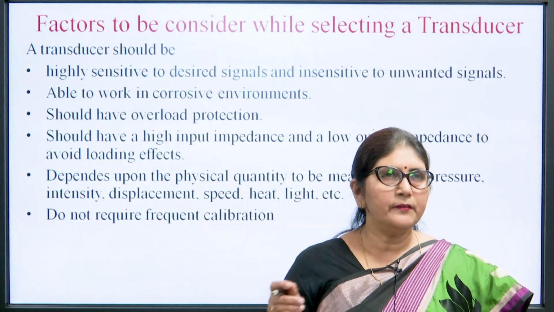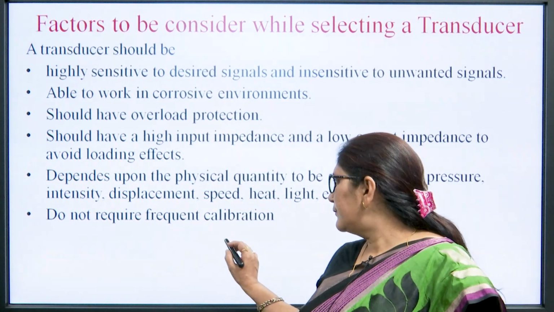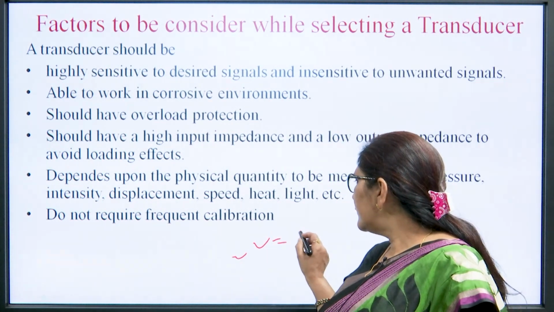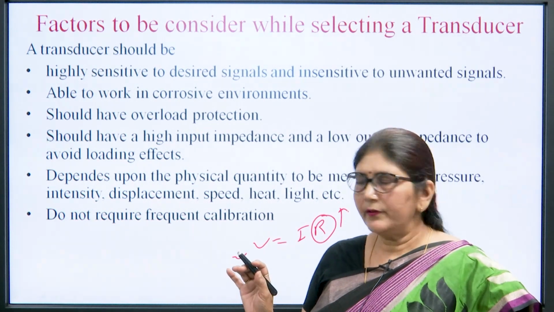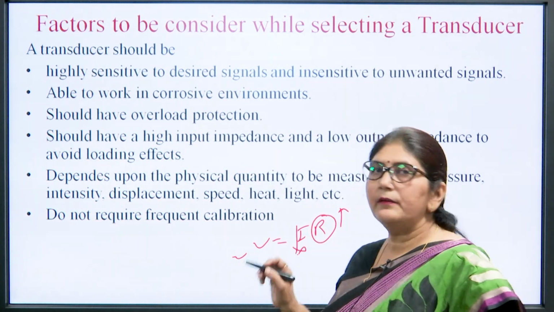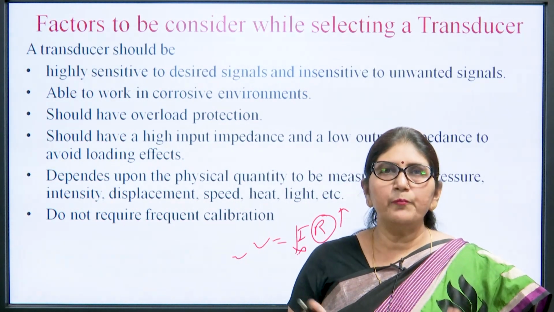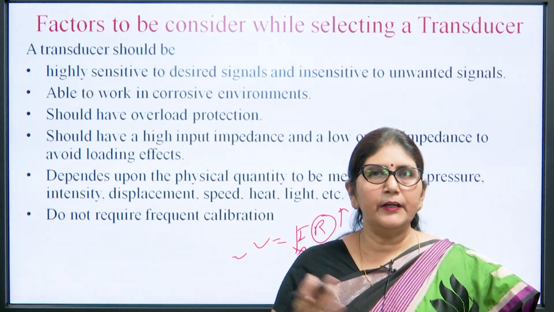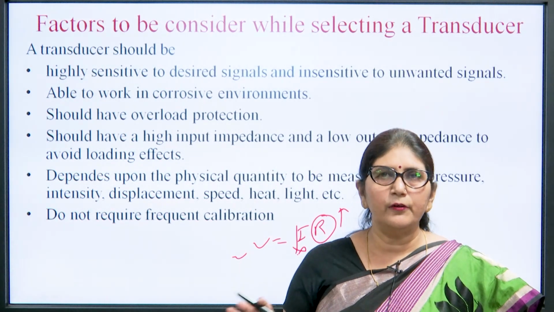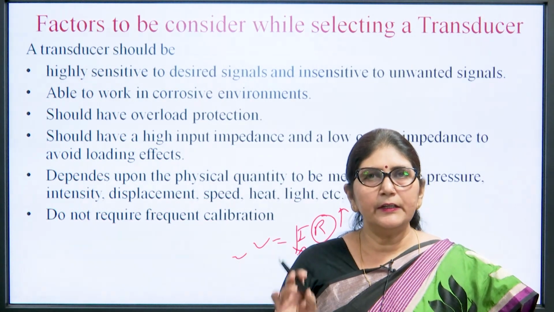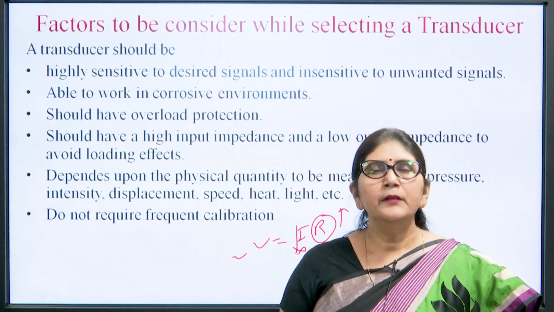Similarly, if it has high output impedance, we know that V is equal to IR, so if the resistance at the output is high, it will provide low current to the next circuit. So, any transducer or any electrical matching equipment should have high input impedance and low output impedance, so that it will not load the previous circuit.